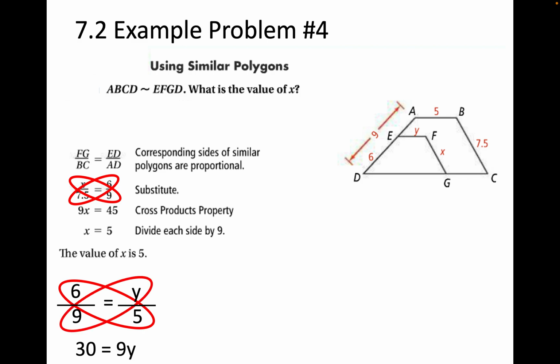So that's 30 equals 9y. If I divide by 9, I get y equals 30 ninths. And then I could take that ratio of 30 to 9, and I could simplify it to the ratio of simply 10 to 3. So y is going to be 10 thirds, or 3 1/3.